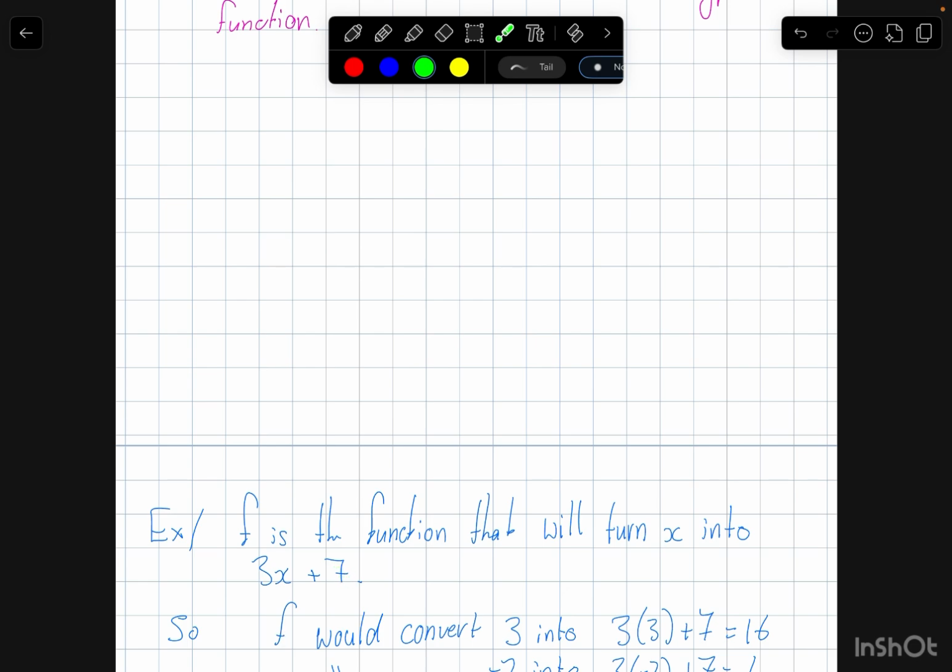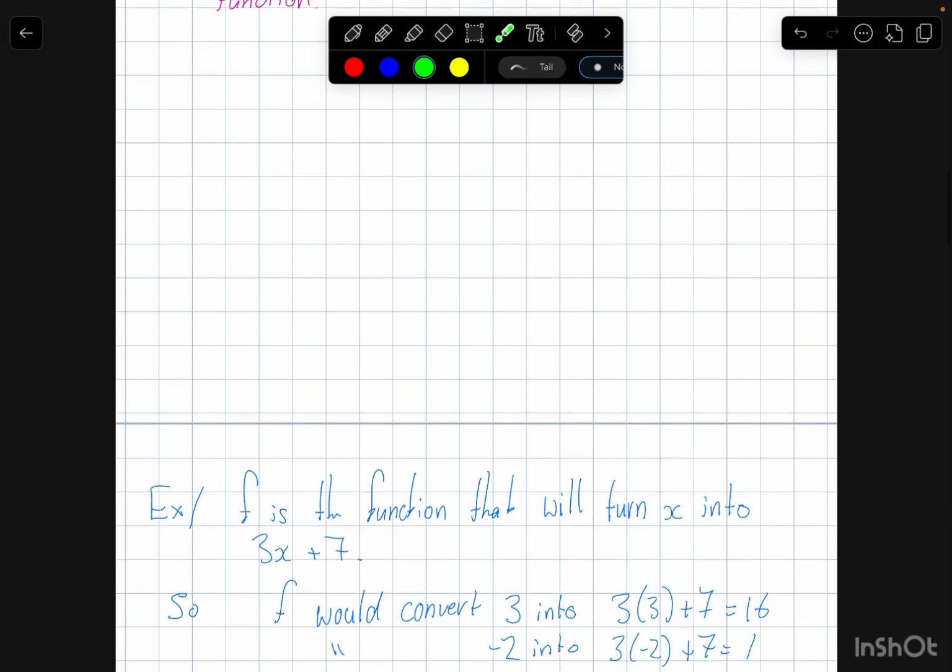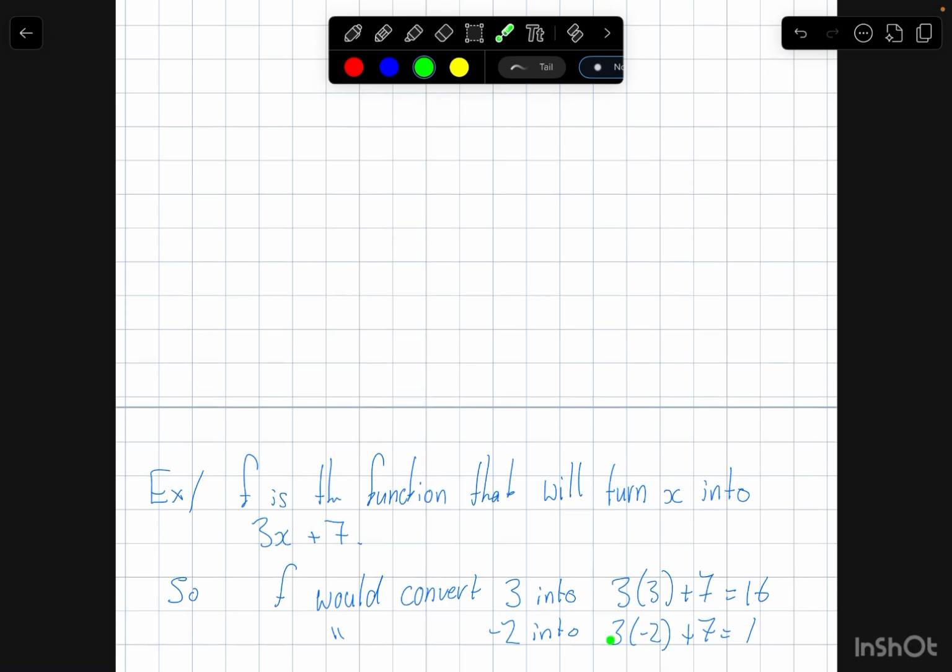So f would convert x equals 3 into 3 times 3 is 9, plus 7 is 16. So instead of having x equals 3, my function turns it into 16. If I put negative 2 in, 3 times negative 2 is negative 6, plus 7 is 1. So my function turns x equals negative 2 into positive 1.